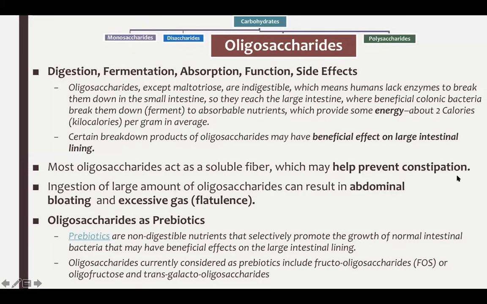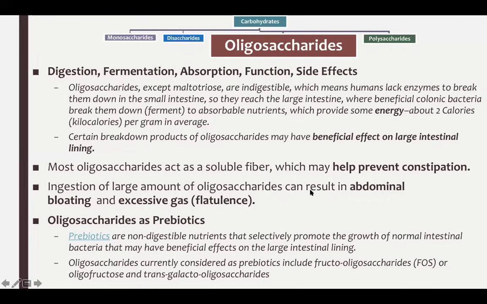So if we eat vegetables that are highly rich in fiber, they are not digested properly inside the intestine. They form bulk and prevent constipation.